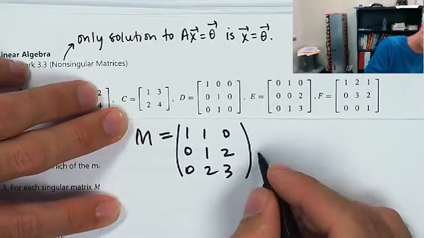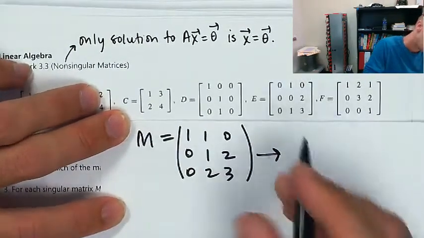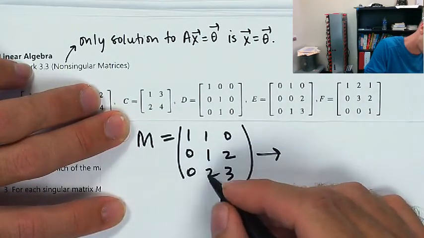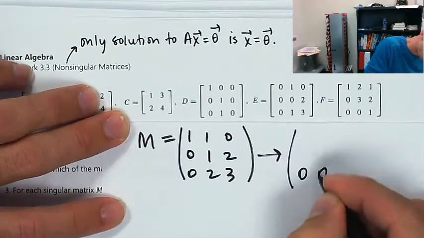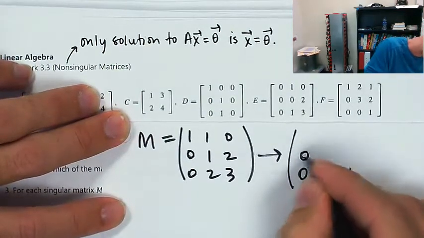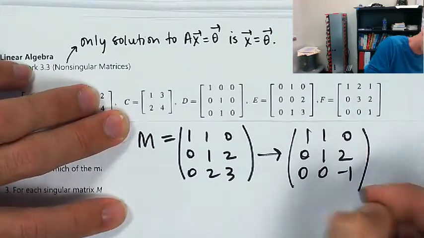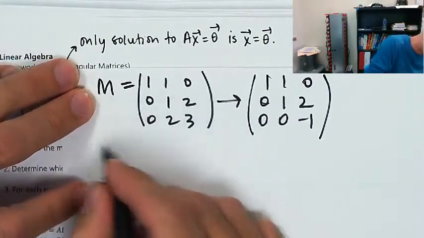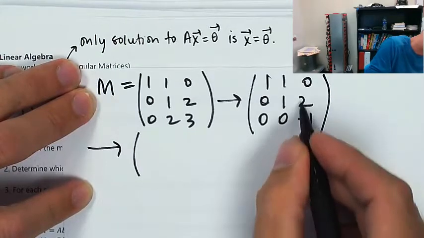Okay, so we're going to row reduce this to try to find the solutions to MX equals 0. And so I'm going to use this and subtract 2 down here, and so I'm going to have 2 minus 2 and 3 minus 4. All right, now I'll probably just scoot that up a little bit, and I'm going to make that a 1 and clear out that column.